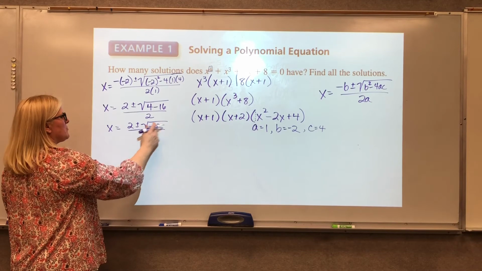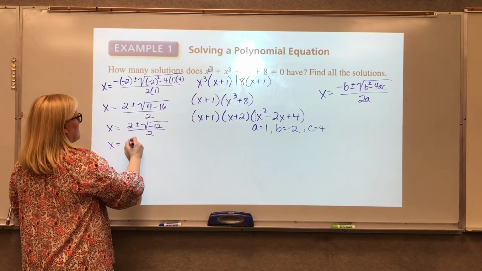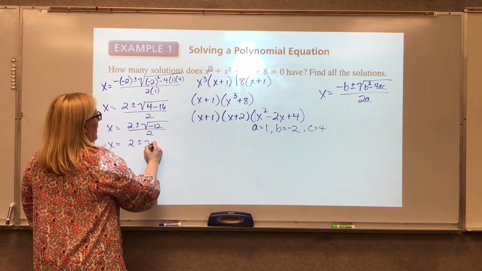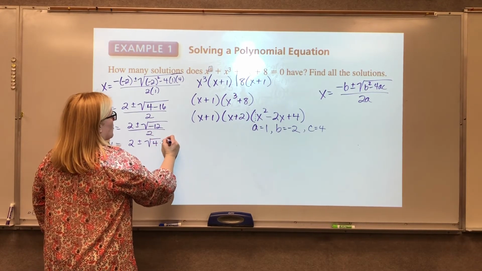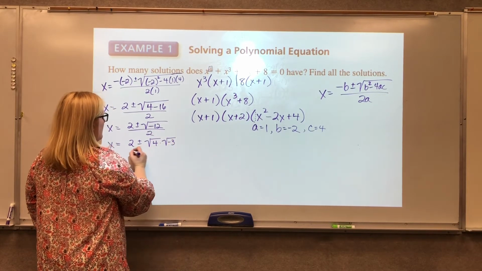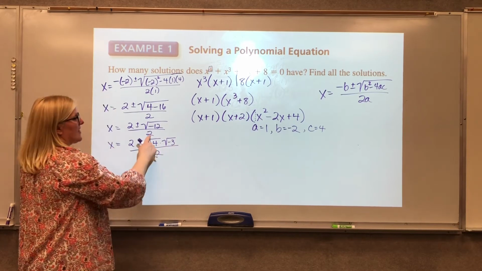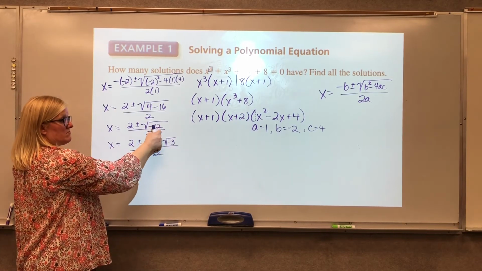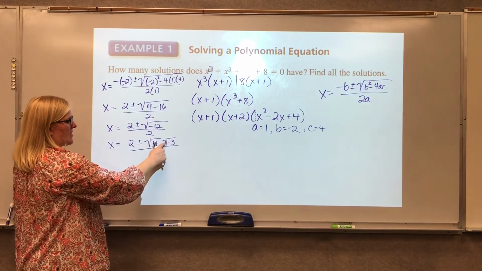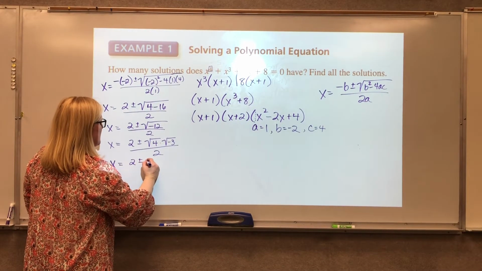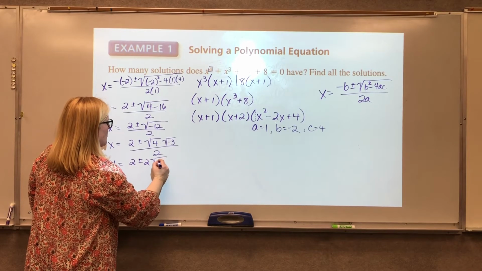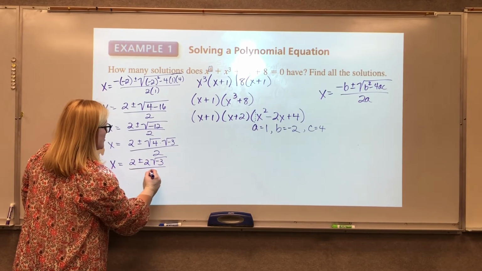And if I simplify this, this becomes the square root of 4 times the square root of negative 3 over 2. Okay, because I can divide that out like this. So then that becomes 2 plus or minus 2 times the square root of negative 3 over 2.